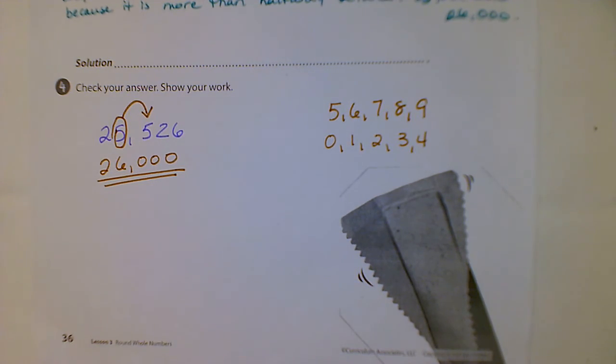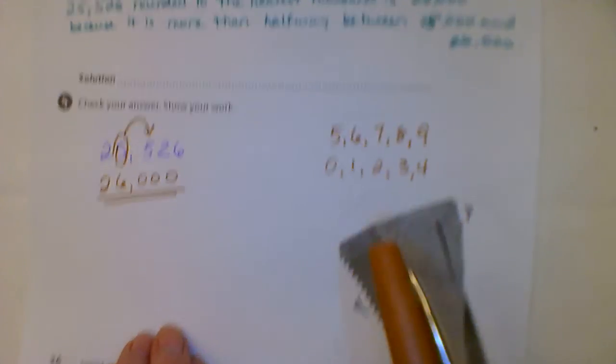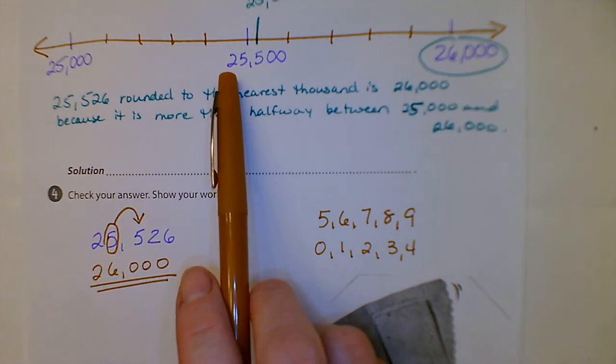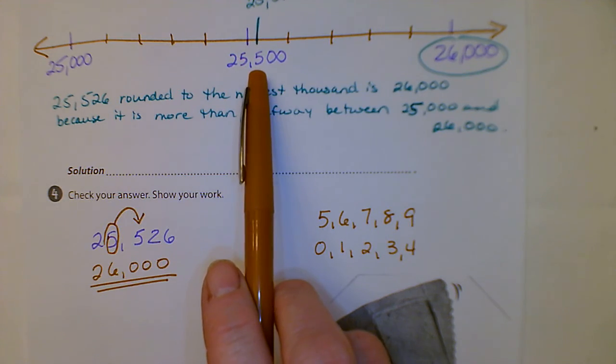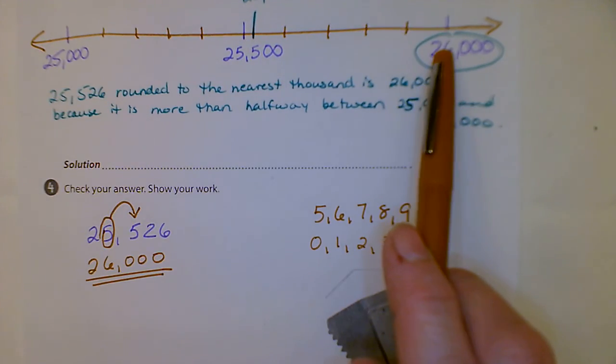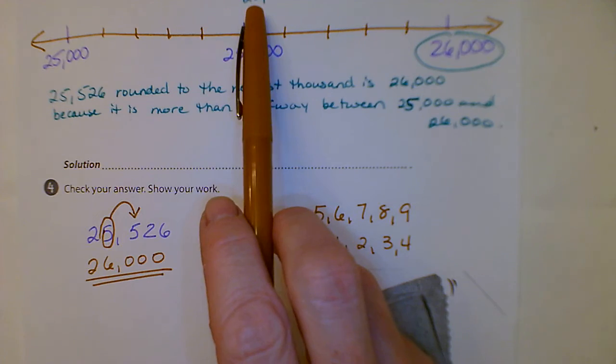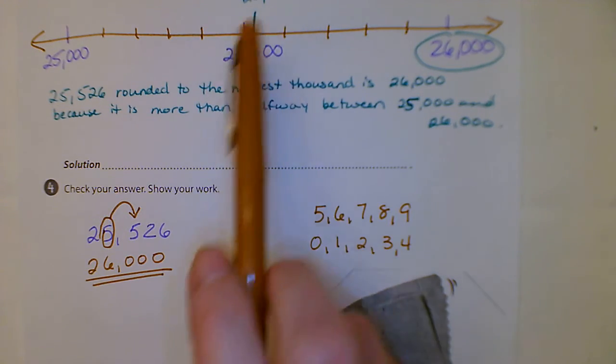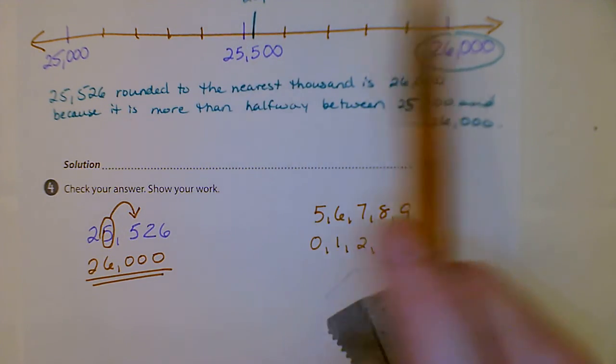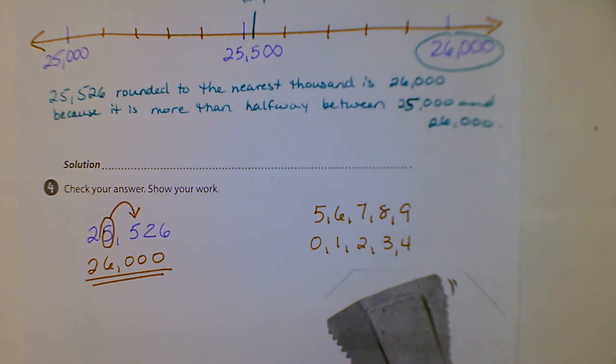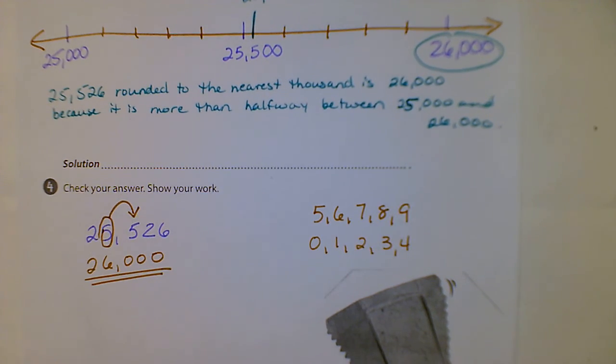The other thing you could say, if you wanted to talk and explain it, is that 25,500 is halfway between 25,000 and 26,000, and since 25,526 is past that, you know that it's closer to 26,000. That would be another explanation that you could use for your check. I'll take any of those. Any way you want to check it, as long as it checks out, we're good.